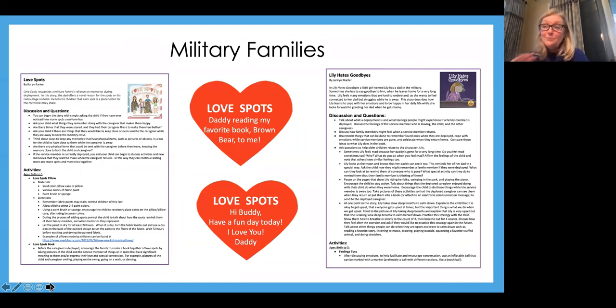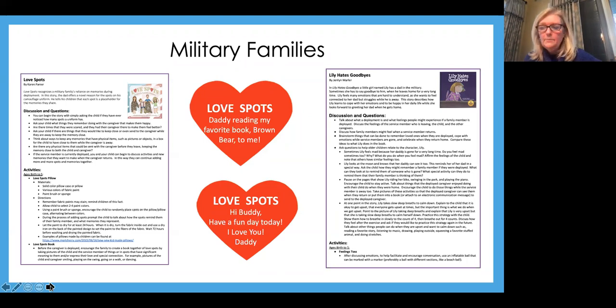So another thing is, as we think about diversity, if you have children in your classrooms or a child who has a family member that's in the military, so they go through those deployments and then coming back home and just all those feelings around that.